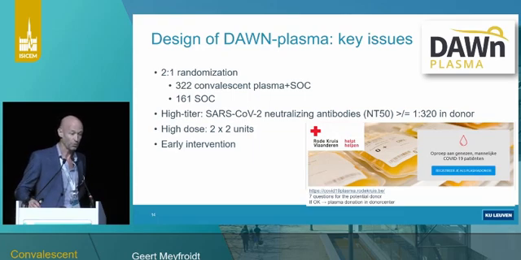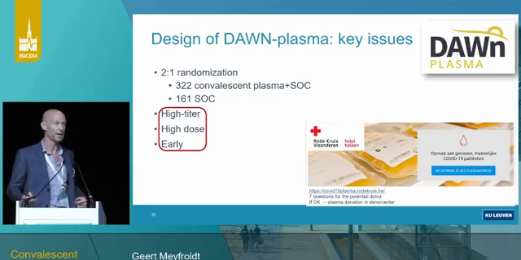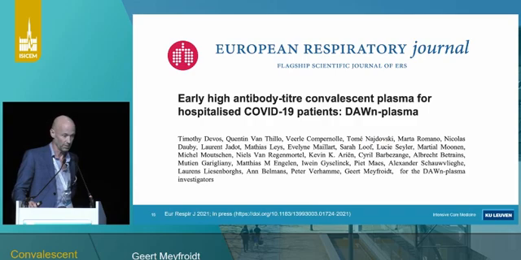We used 4 units of that plasma, in 2 gifts, 2 times 2 units. And the intervention was done early in hospitalization, within the first day. So these 3 properties make this study maybe unique, especially the dose, which is, to my knowledge, the highest dose given in any other study.